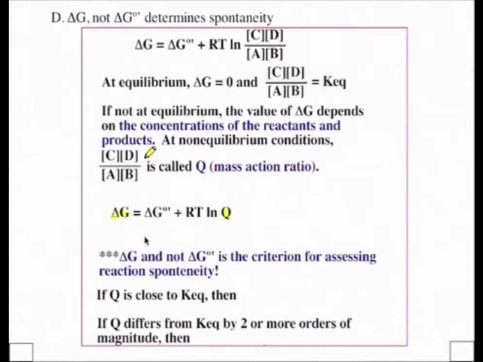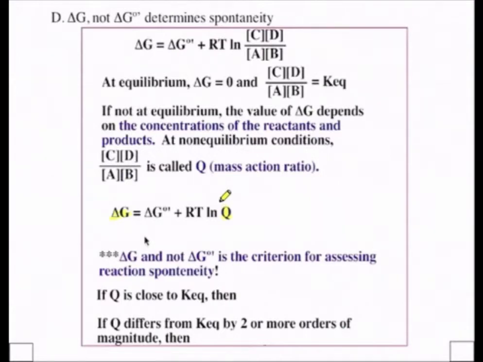So if we have a situation where the concentration of products is greater than the concentration of the reactants, then we have a scenario where Q is greater than 1. The natural log of a number greater than 1 is going to be a positive number.